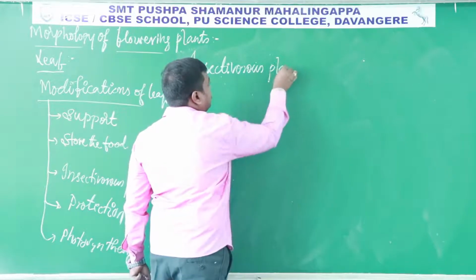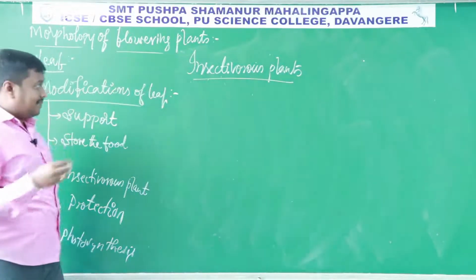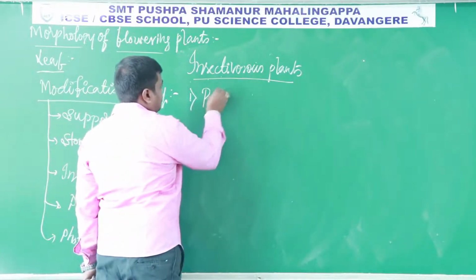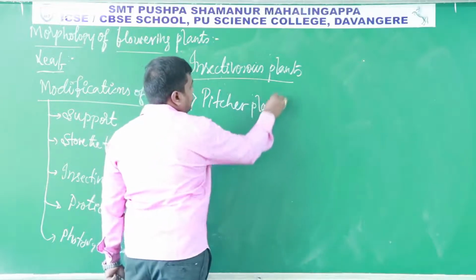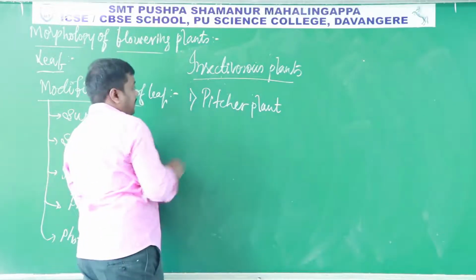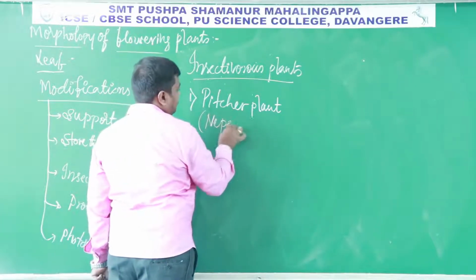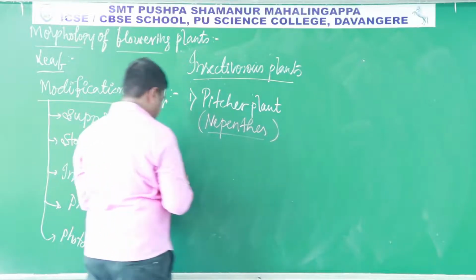Insectivorous plants. Okay, so there are many insectivorous plants. So like pitcher plant. Pitcher plant. So this pitcher plant is commonly, otherwise the scientific name is Nepenthes. We call this Nepenthes.